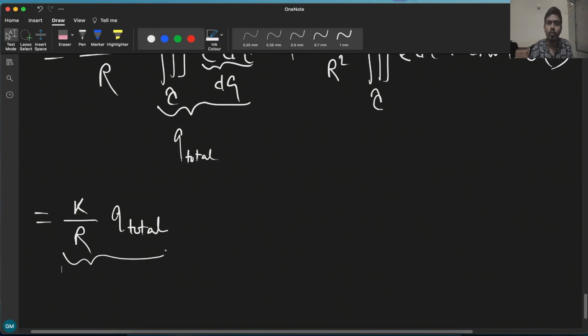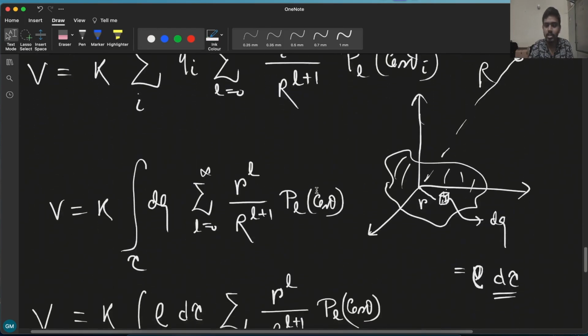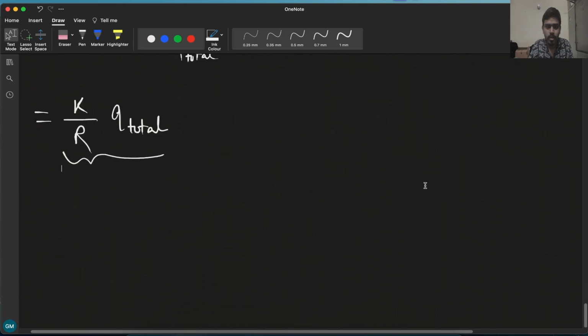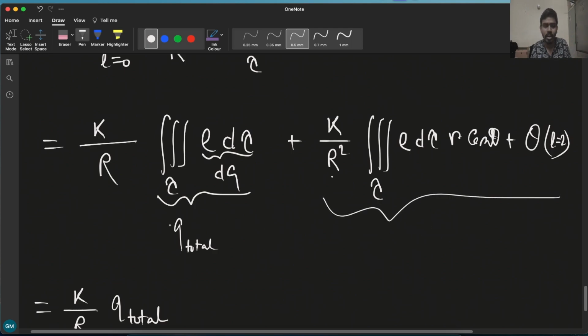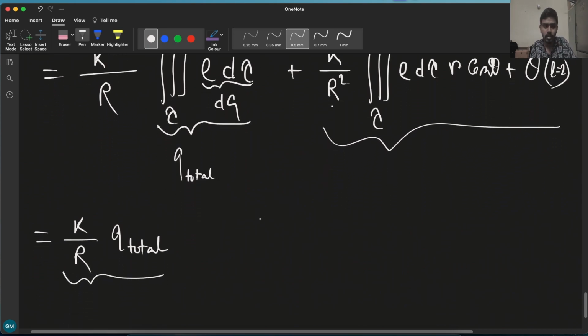So this is like a monopole term, where I can assume that all the charges are concentrated at the center, at a point. Another argument is, let's say this capital R is very large. In that case, we can neglect all other terms and concentrate only on this first term. In that case, the potential behaves as if the total charge is concentrated at the origin.